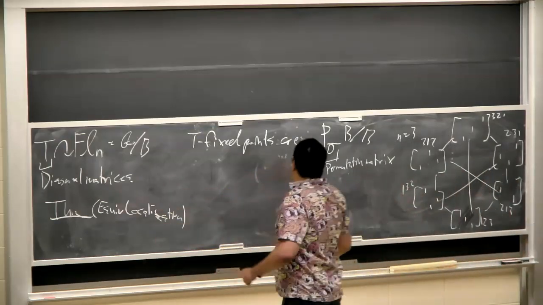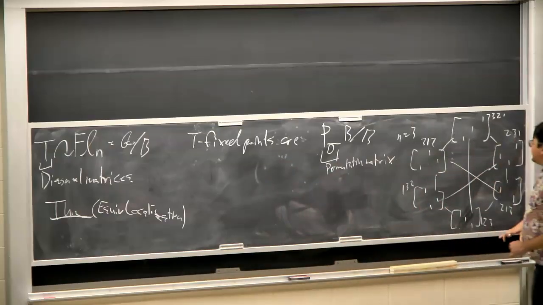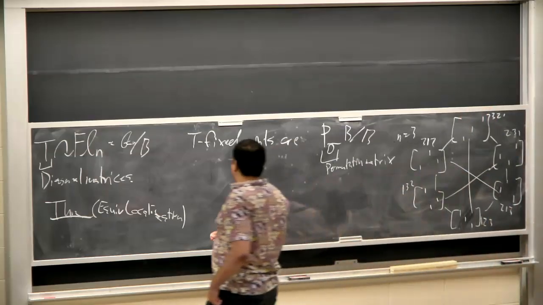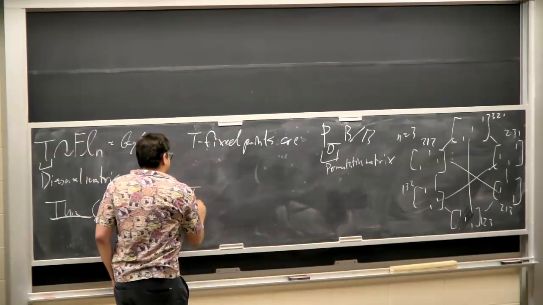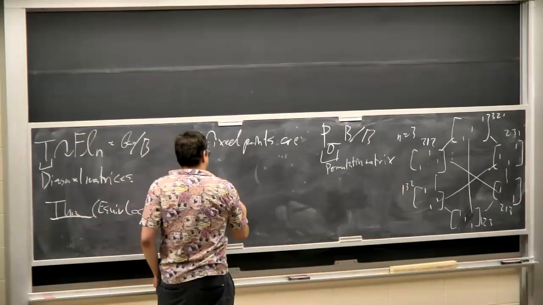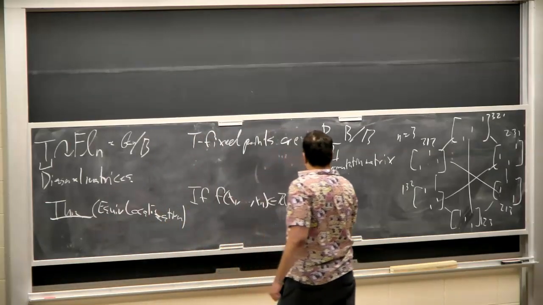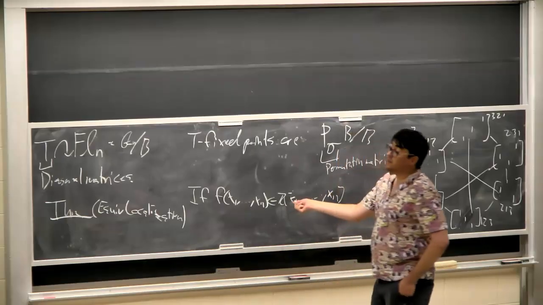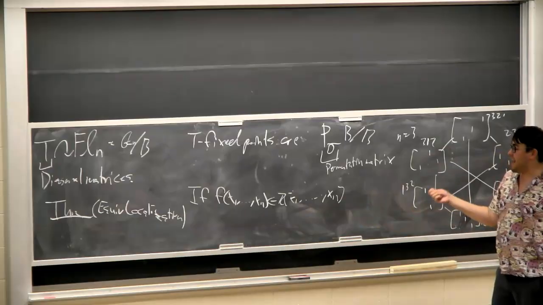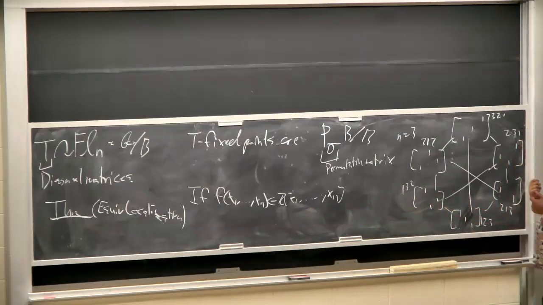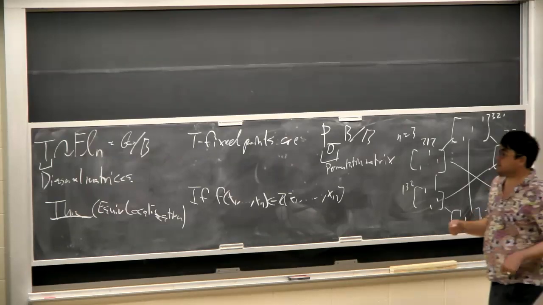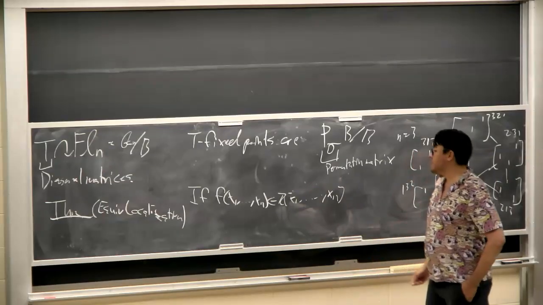Equivariant localization says that because my torus fixed points are these permutation matrices, we have the following facts. If f(x_1, ..., x_n) is a polynomial, I want a sufficient condition for this polynomial to vanish in the cohomology ring of the flag variety.